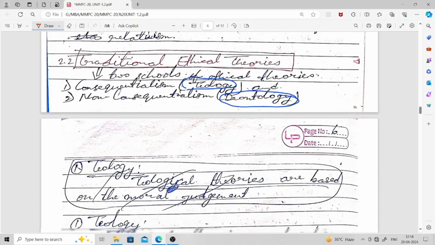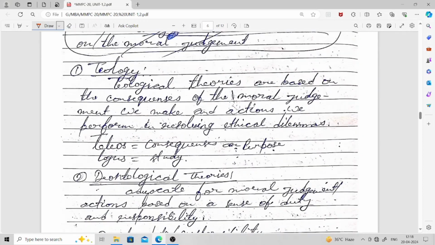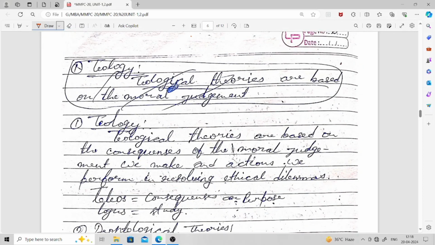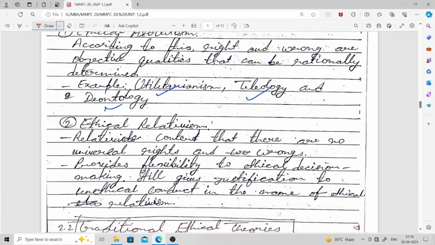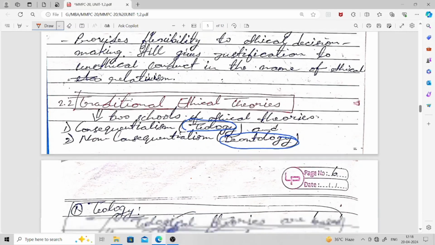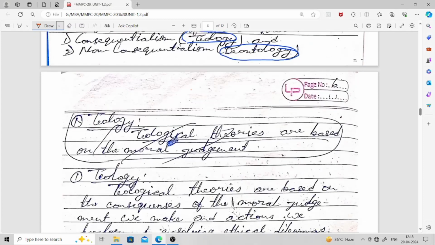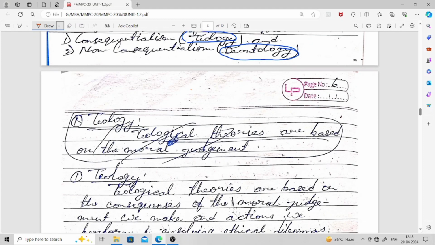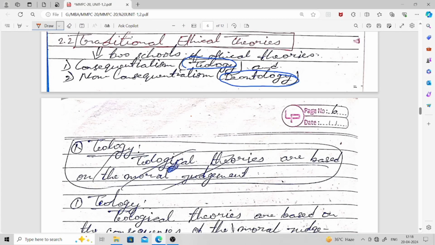Now let us go one by one. First is theology. Theology is part of consequentialism. Another word for consequentialism is theology.